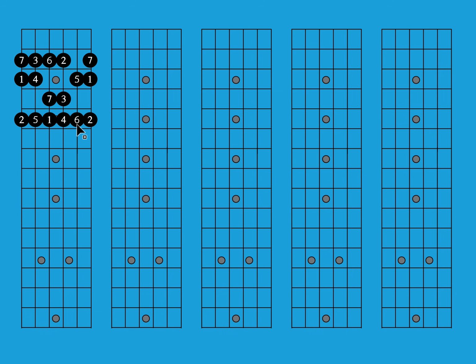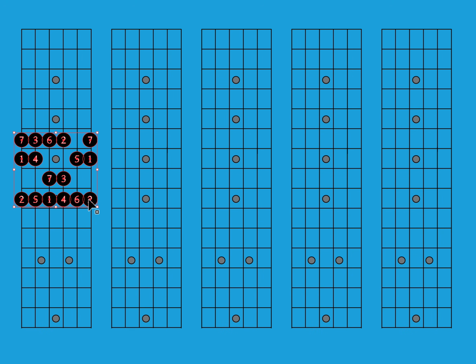So for this one, I've indicated my scale in scale degrees. What this means is if I decide I want this to be B major, the scale degrees will always be the same. They're different notes, but the scale degrees mean what relationship they bear to one another.